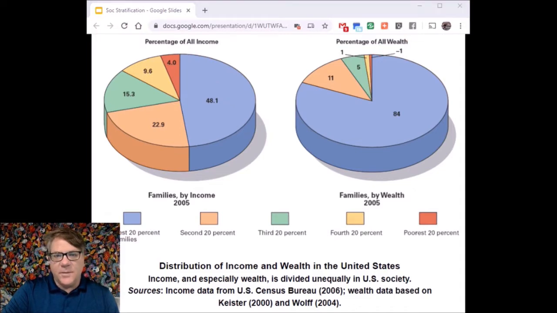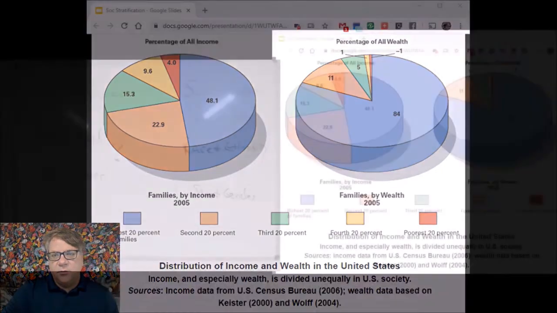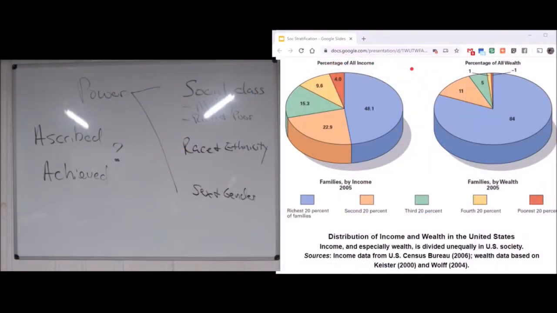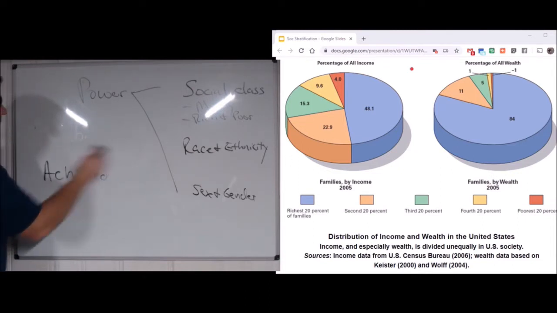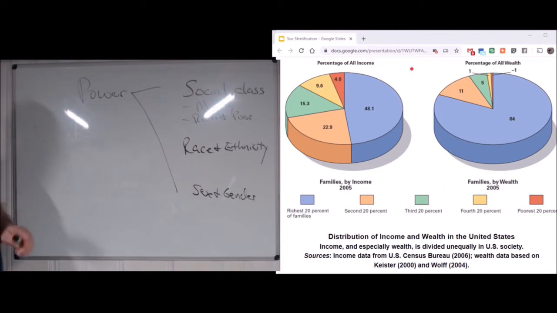So let's go back to our handy-dandy dry erase board, and let's look at some things. So when we talk about wealth, what comes to mind, right?